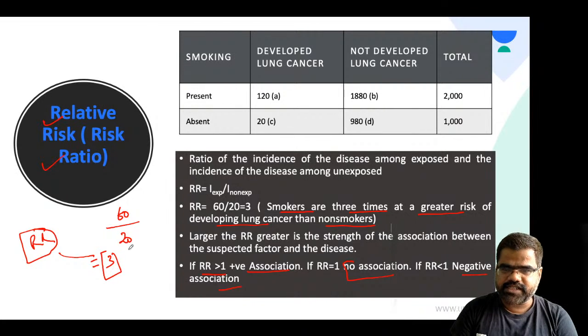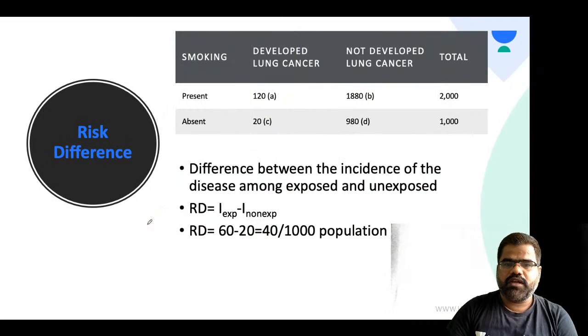Since in this example relative risk is 3, we can say that smokers are 3 times at a greater risk of developing lung cancer than non-smokers. Fine.